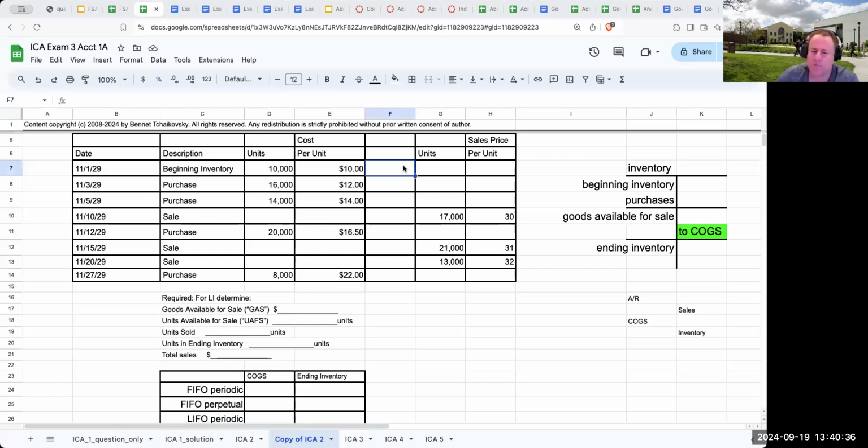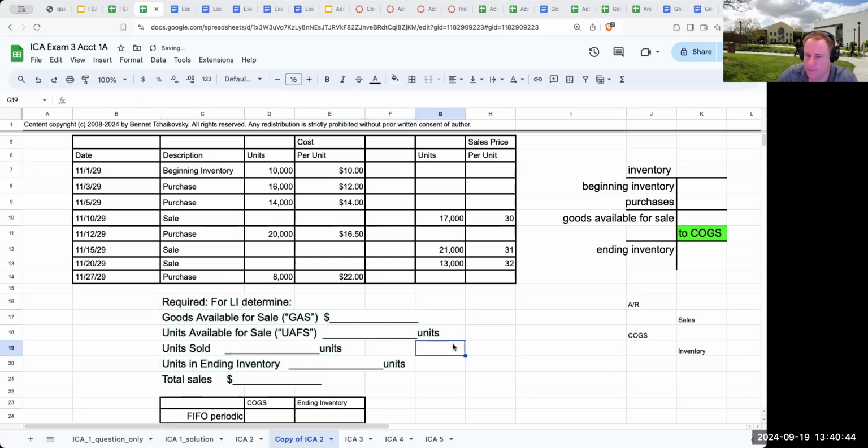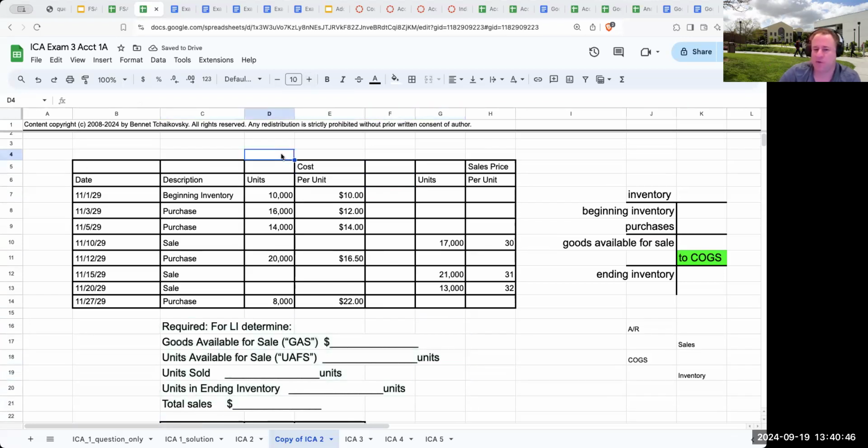And what do I mean by that? Well, my goods available for sale, which is one of the things you should go first and compute when you have an inventory costing problem, is going to be the units I have, the beginning inventory or purchases, times the cost per unit.